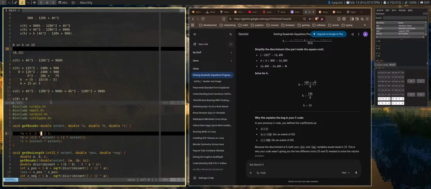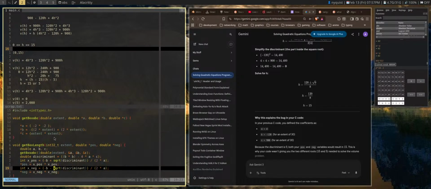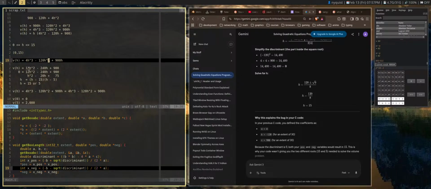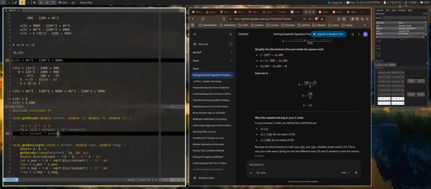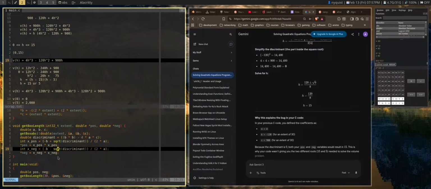Our math is still wrong. I was going in the right direction, but still wrong. So, you know what? I can still kind of use what I have, though.